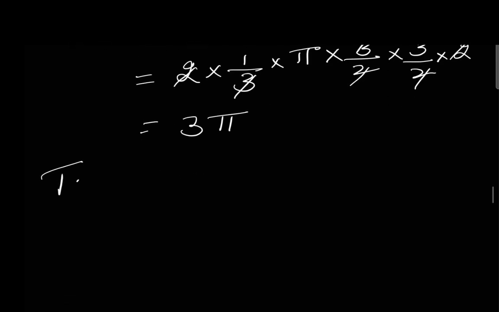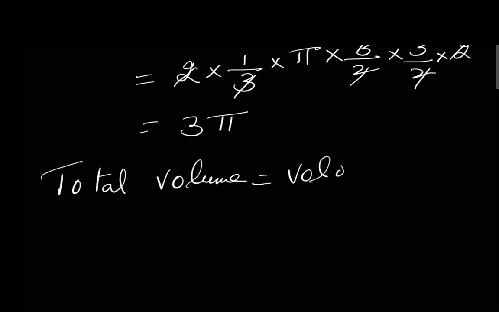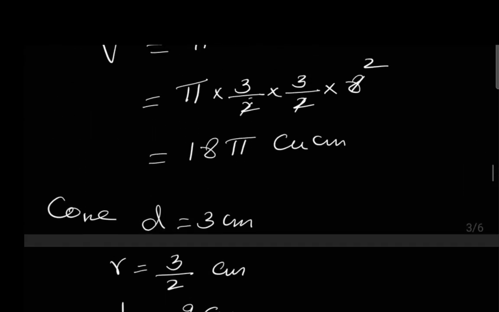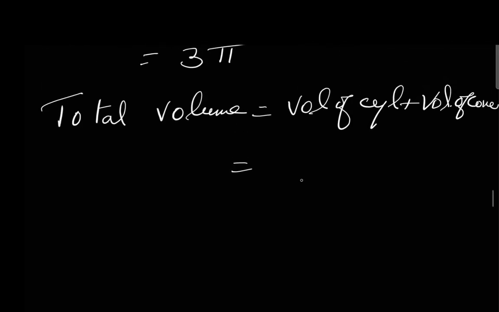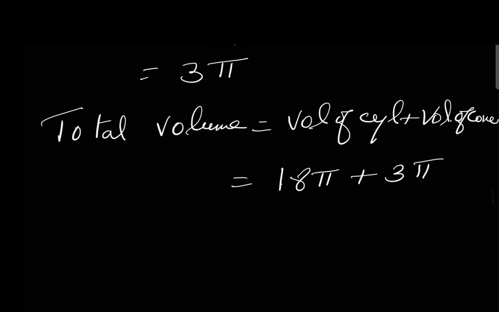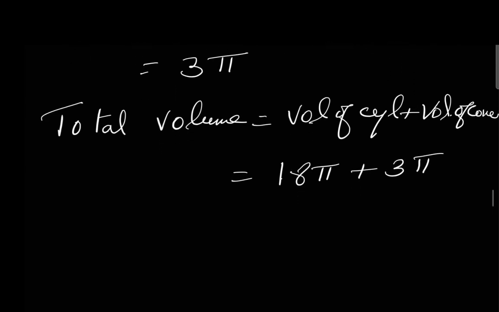So the total volume is equal to the volume of the cylinder plus the volume of the cones. So the volume of the cylinder, how much do you have? 18 pi. 18 pi plus 3 pi plus 3 pi.